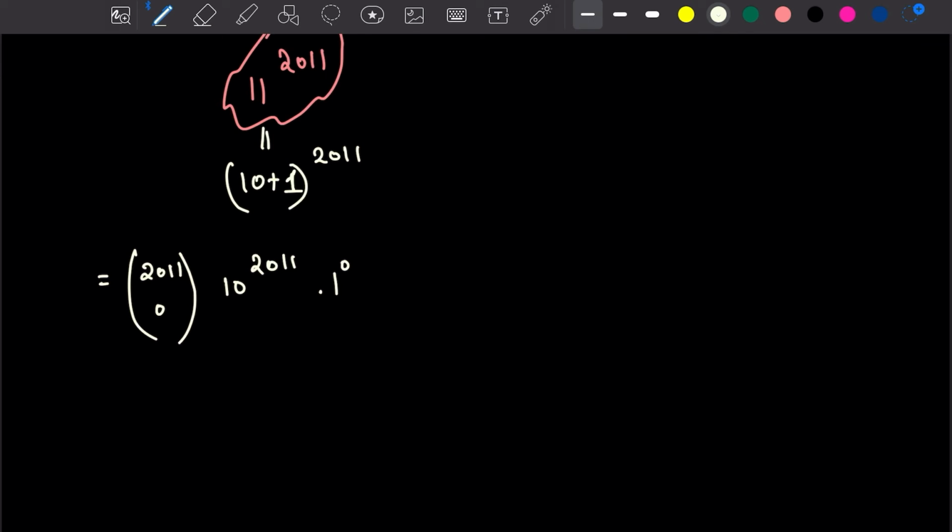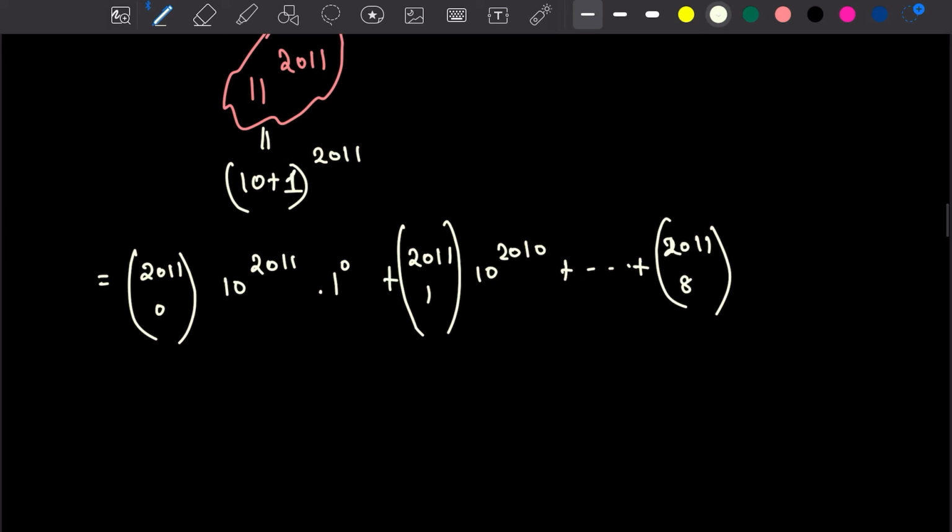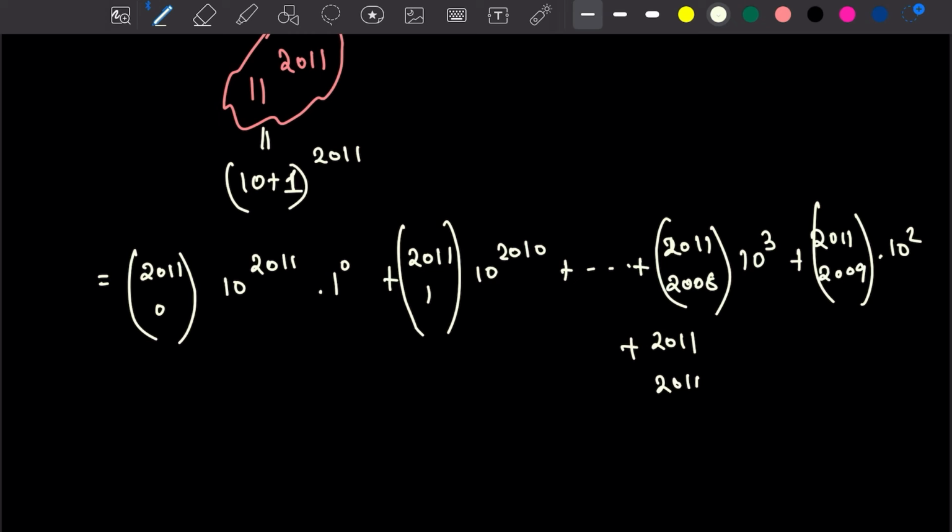So plus 2011 choose 1, 10 to the power 2010, and so on, up to 2011 choose 2008, this is 10 cubed, 2011 choose 2009, 10 squared, 2011 choose 2010, 10 to the power 1, 2011 choose 2011, 10 to the power 0.